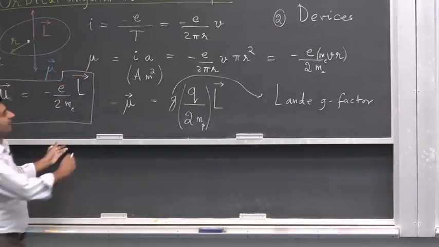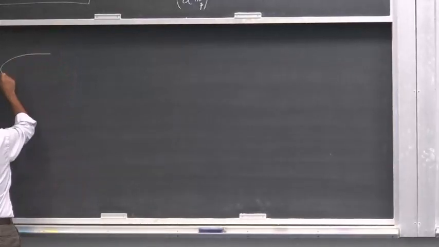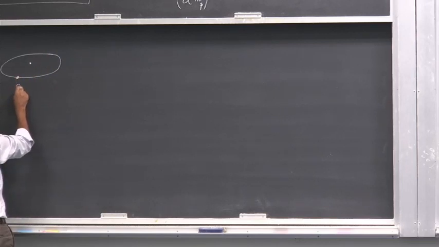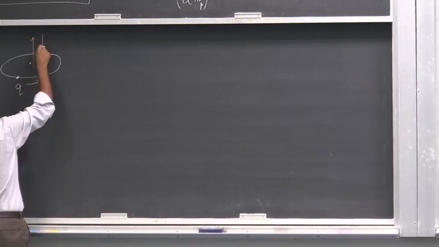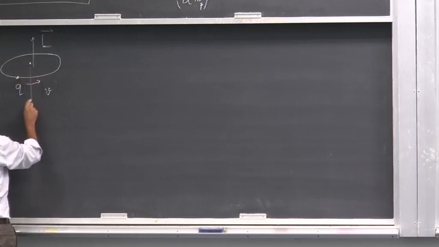And what is a magnetic moment? This circulating electron or circulating charge. Let's talk about a general charge. This charge that is moving with a speed v, associated with it is an angular momentum L, and then we have a magnetic moment mu.